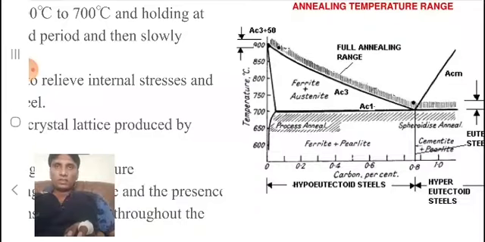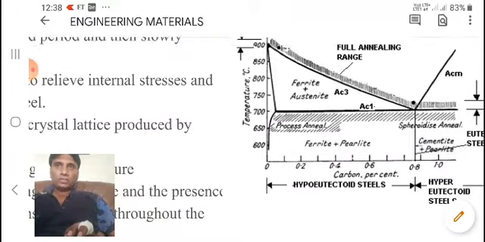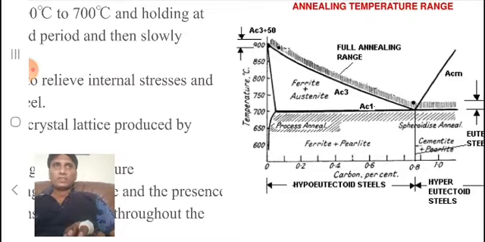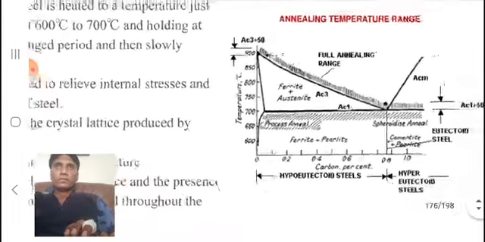In this process annealing range, there will be no change in the pearlitic structure, and finally only the internal stresses are relieved in this process.